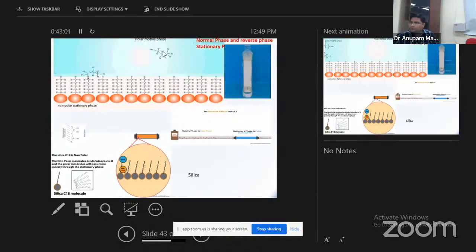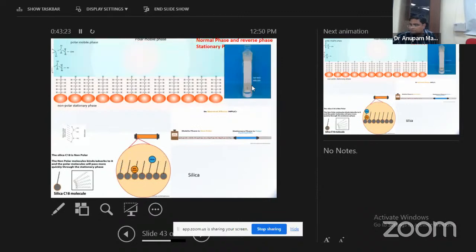This is the non-polar compound which goes first, while the polar compound has affinity with the stationary phase, because the stationary phase is also polar, so it will elute slower. By this interaction, you can get the separation in TLC.